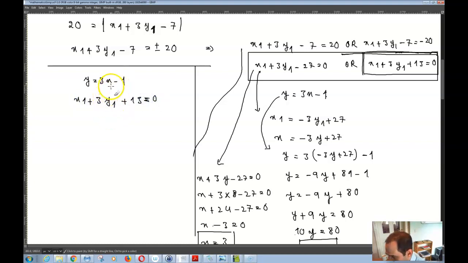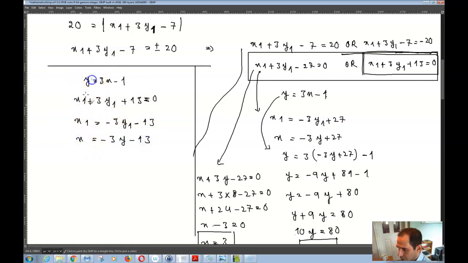I can write x1 is equal to negative 3 times y1 minus 13, which I can rewrite as x is equal to negative 3y minus 13.